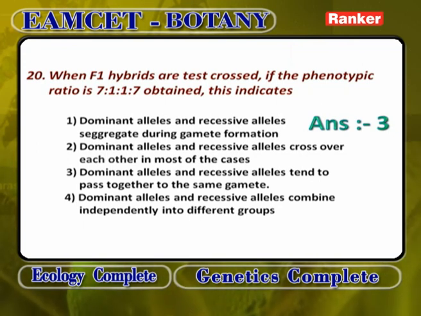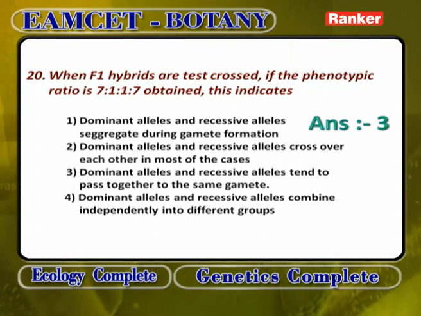Dominant alleles and recessive alleles cross over each other in most of the cases is wrong. Dominant alleles and recessive alleles tend to pass together in the same gamete is correct, that is linkage. Dominant alleles and recessive alleles combine independently into different groups is wrong. So 7:1:1:7 is a linkage concept.